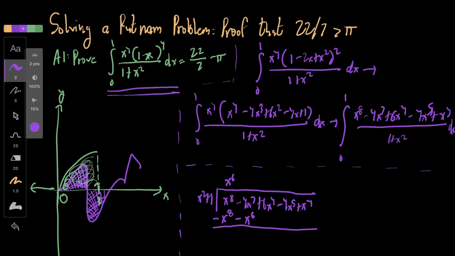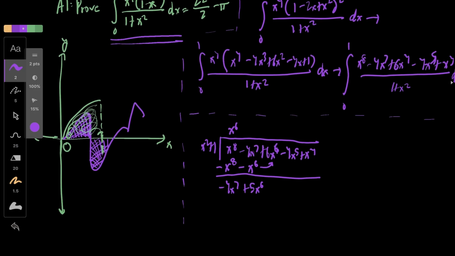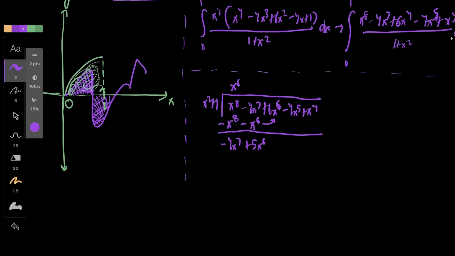Over here, the x to the 6th is not there, but it does get transferred over here, and the negative 4x to the 7th does get transferred down. So negative 4x to the 7th plus 5x to the 6th. And let's continue solving this problem.